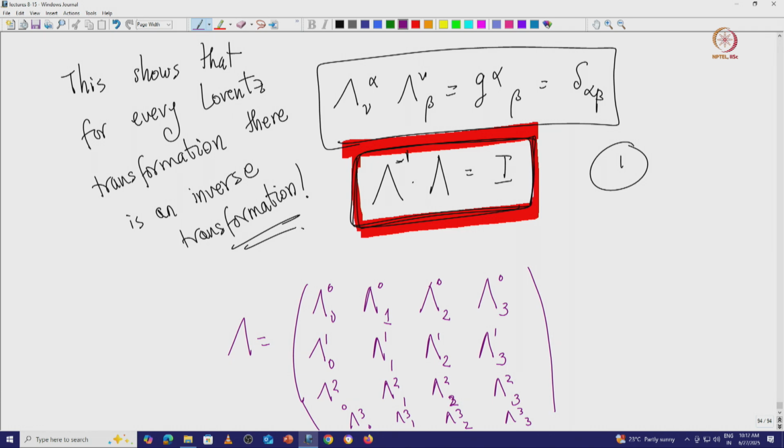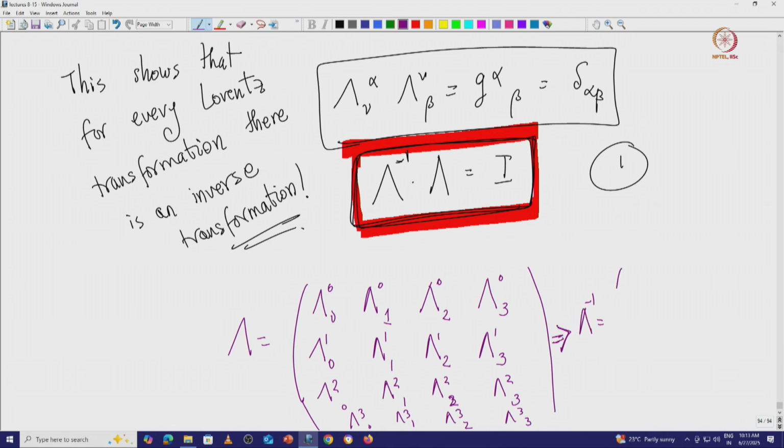From this equation we can see immediately that if I change the sign of the components for which only one of the indices is 0, then it gives me back my inverse.